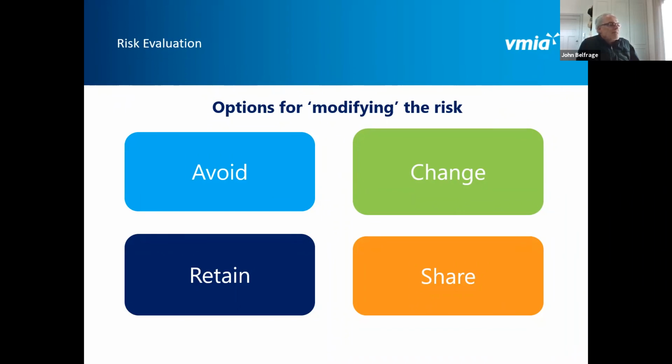Will I retain the risk by an informed decision in order to pursue an opportunity, for instance, so I accept that risk and I maintain a watching brief over it? Or do I decide to share the risk with another party, a contractor, another agency, or indeed my insurer? A word of caution, not every risk is insurable. So before you decide to share a risk, you do need to check your insurance policies to make sure that the situation or the risk is not sitting in the list of exclusions.